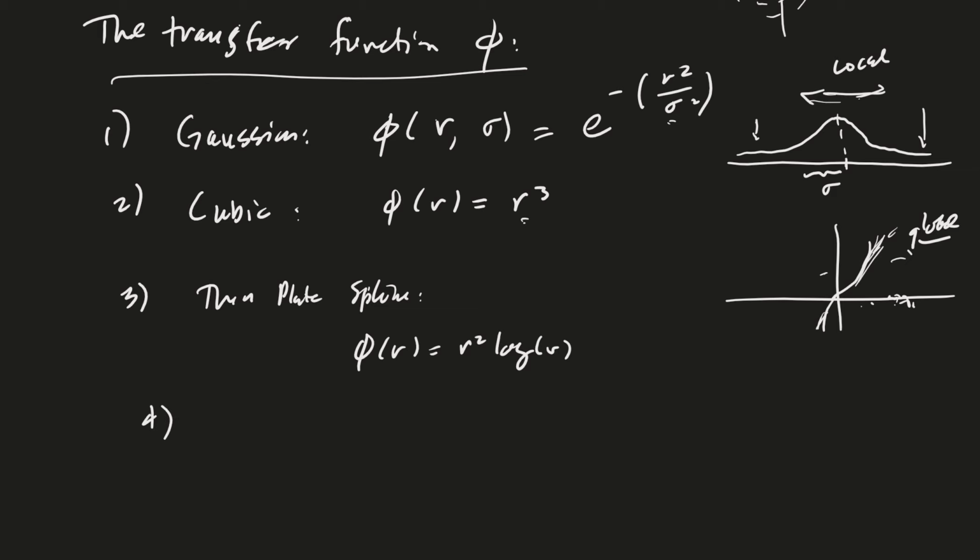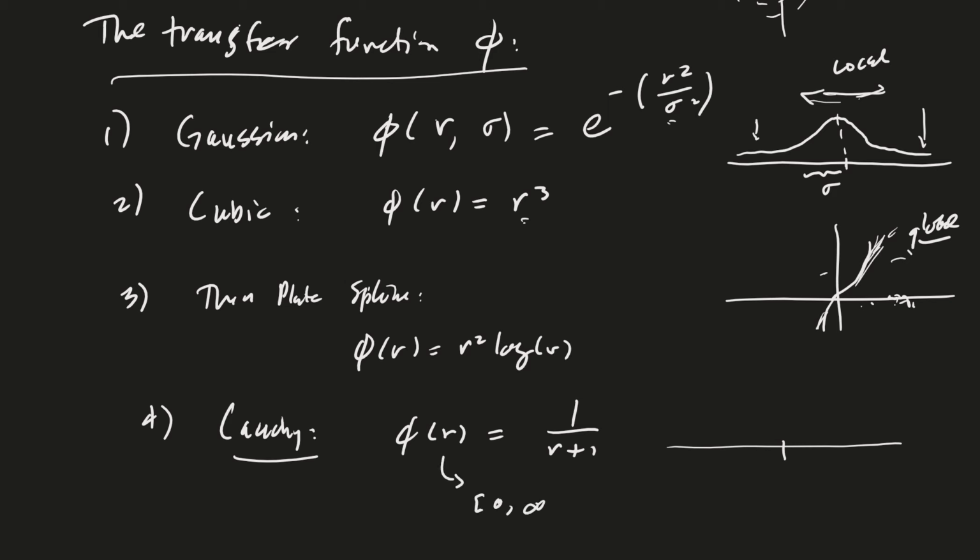We also have a Cauchy, which is an interesting choice. The problem, of course, is that you're going to have a blow up at -1, but that's not going to be that big of an issue, because r is actually from 0 to infinity.